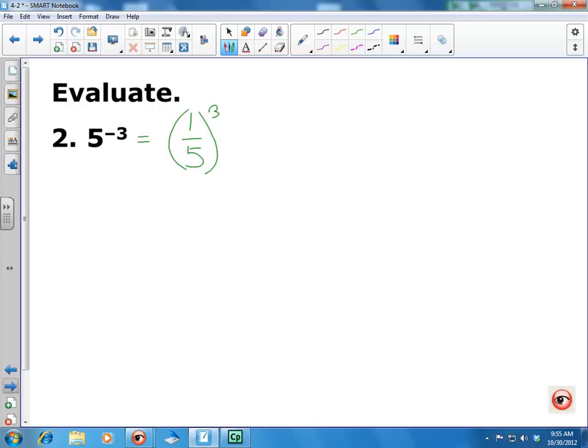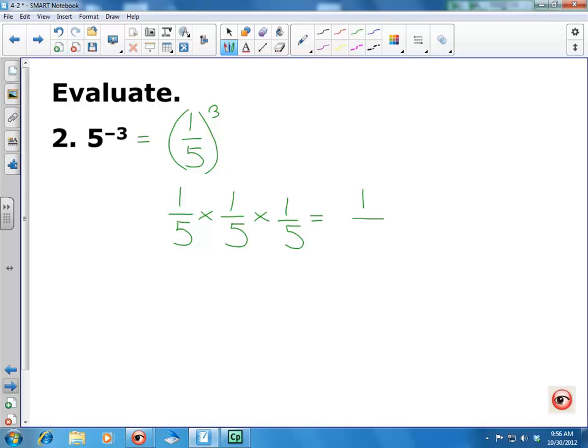Now, we solve it like we normally would. So this is going to be 1/5 times 1/5 times 1/5. Well, what's 1 times 1 times 1? 1. What's 5 times 5 times 5? 125.